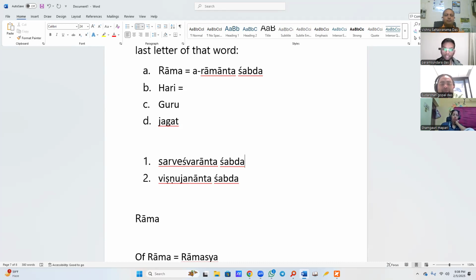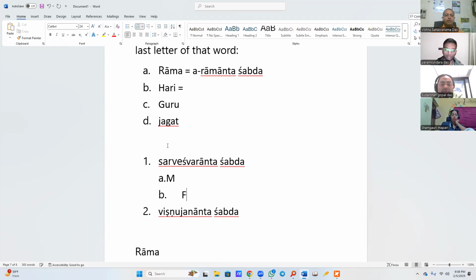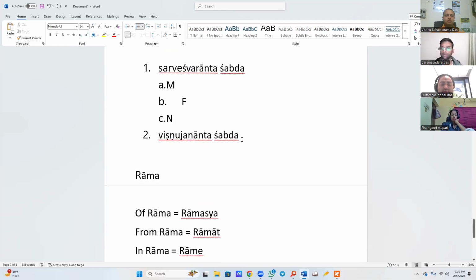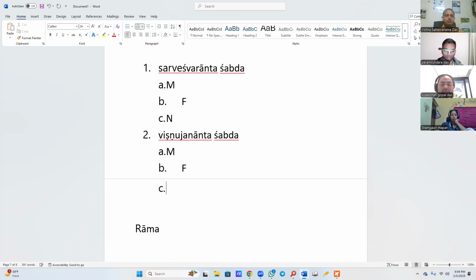And now in these sections also, there will be 3 subsections according to the lingas, genders: masculine, feminine, and neuter. So masculine Svaranta Shabdas, feminine Svaranta Shabdas, and neuter Svaranta Shabdas, right? Similarly for Vyanjananta also, according to genders, 3 subsections. Got it? Like a frame. Then it's not done yet.